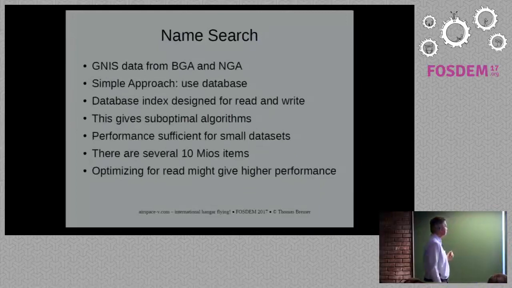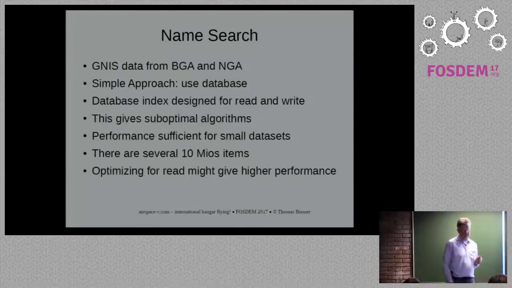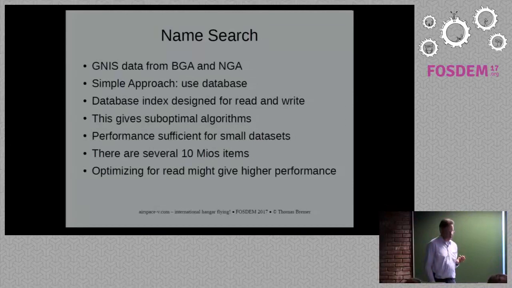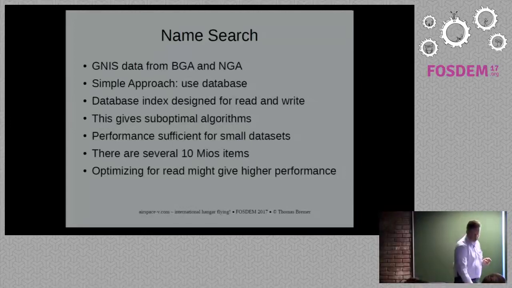Well, then the final point was the name search. I'm using the geographic names information system of NGA. It's originally a military American data set, and it has several 10 million items in it, which is quite a lot.